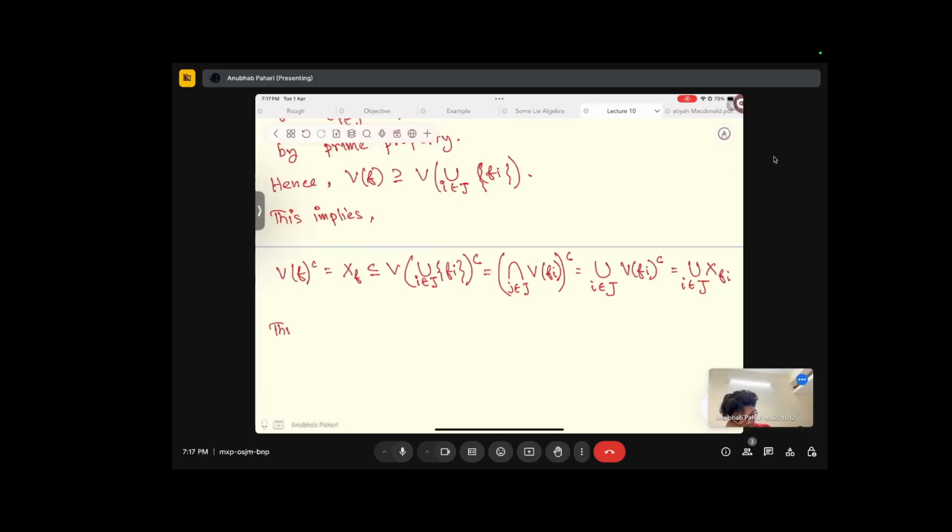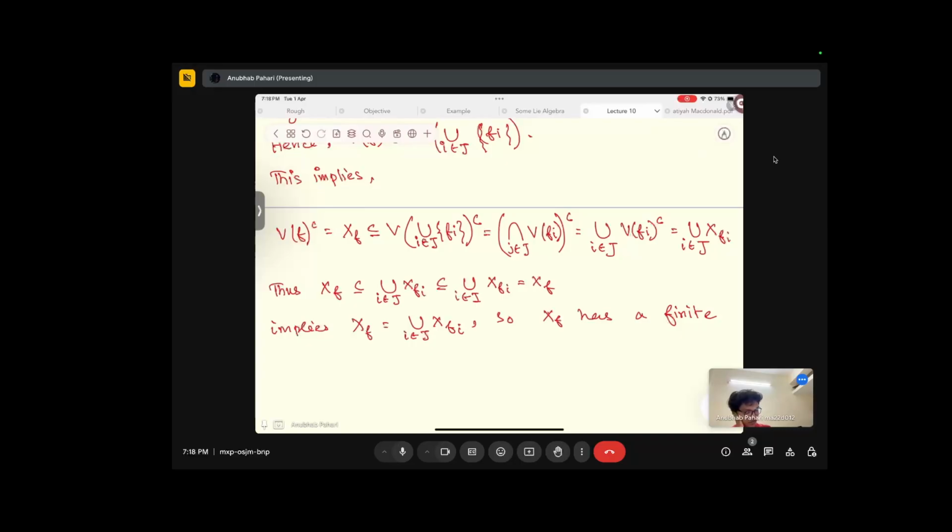Thus, Xf is contained in the union over j in J of Xfj, contained in the union over i of Xfi, which is Xf. This implies Xf equals the union over j in J of Xfj. So Xf has a finite subcover for any open cover.